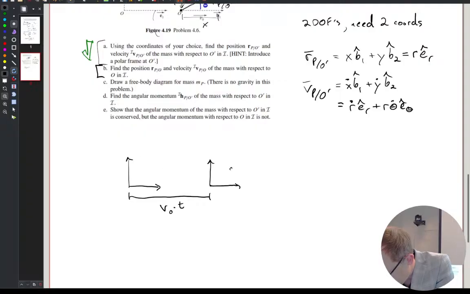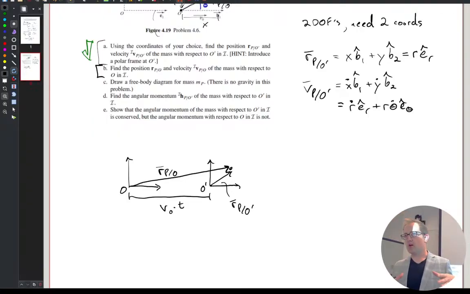Every second we're going to be v0 further away, like if 10 meters per second, every second we're 10 meters further from O. And we just defined that relative r in the moving frame, so what is the global r_P/O? How do we define that one?